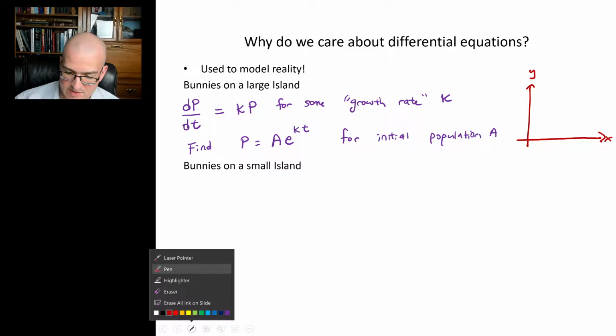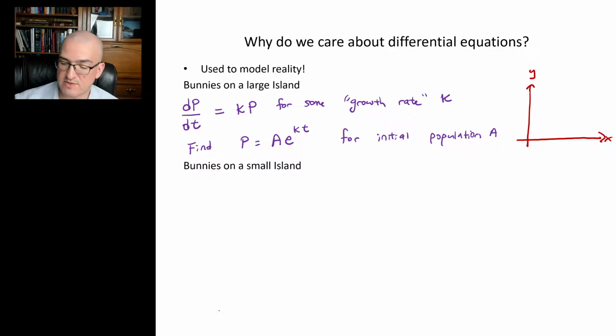You would have seen this in an earlier mathematics course when we talked about exponential growth and exponential decay, or whatever terms you used. So that's P equals A e to the kt.